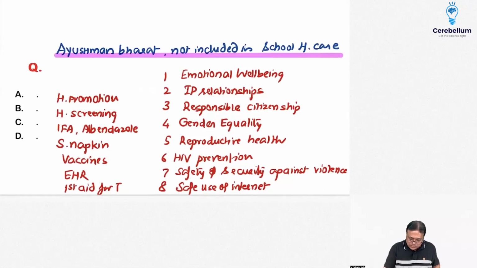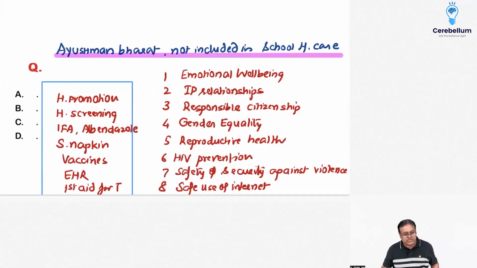If they ask you broadly, what I did, I have included all components here. Health promotion, health screening, iron folic acid, albendazole, sanitary napkin distribution to adolescent girls, vaccines, EHR, which is electronic health records, and first aid. This first aid training is given to teachers. Please remember, first aid training is given to teachers.